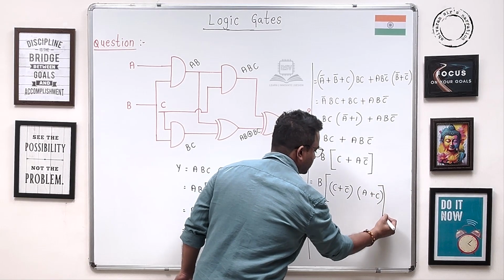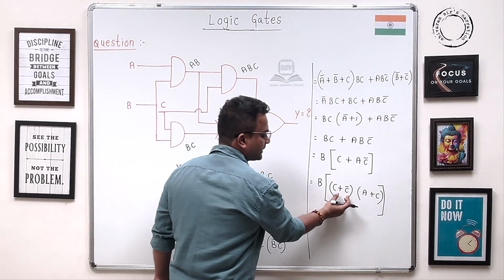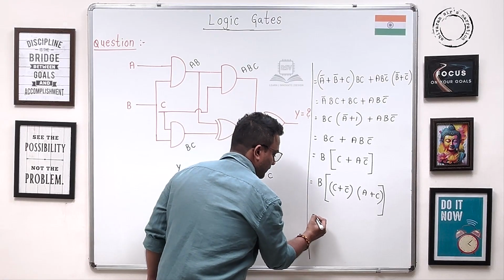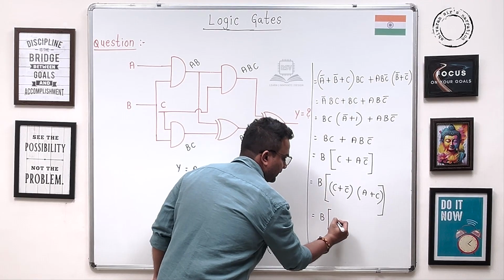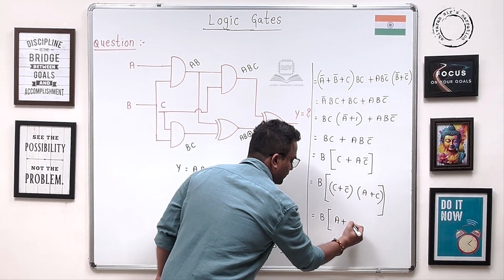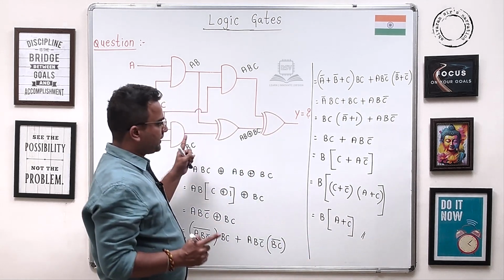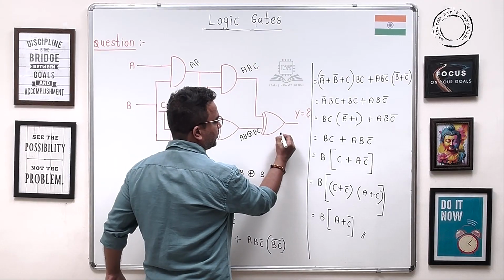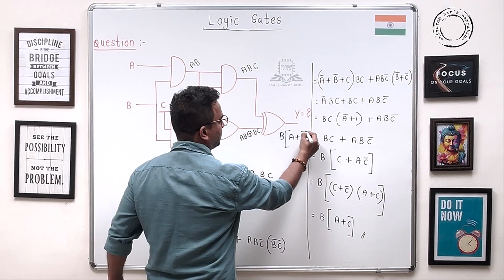Anyway, C plus C bar becomes 1. Hence, the final minimized Boolean expression is B into (A plus C). So for the given design, the output expression is B into (A plus C).